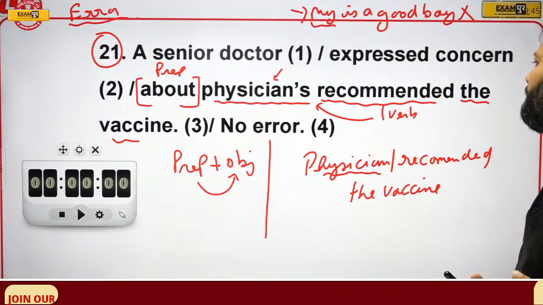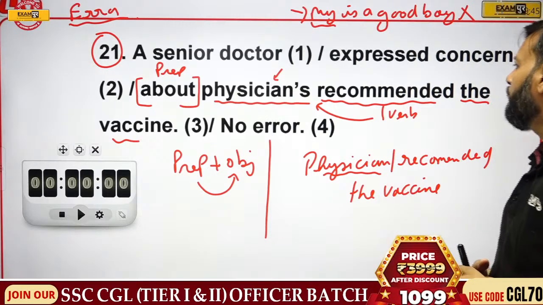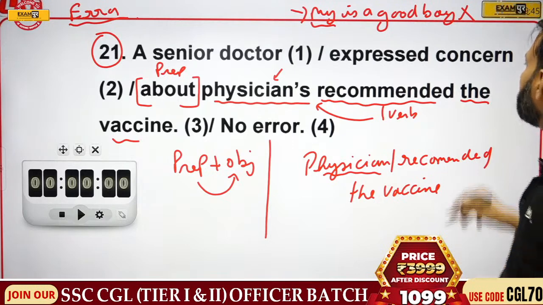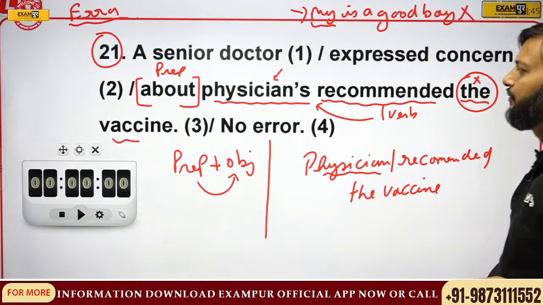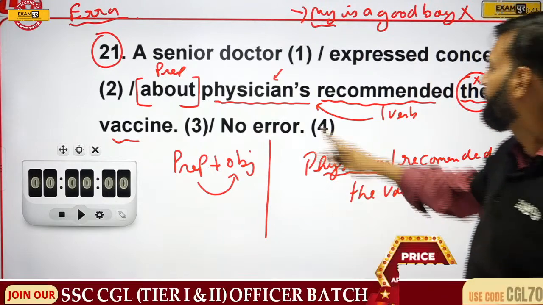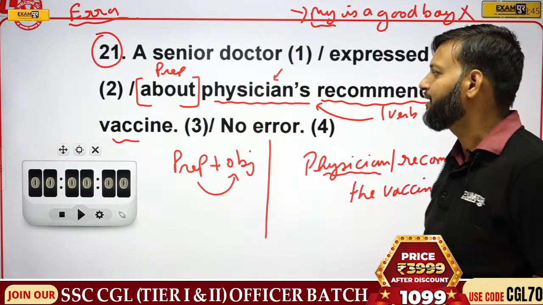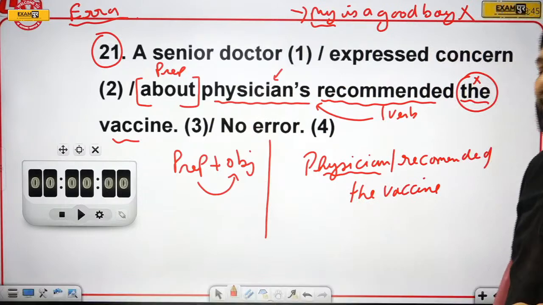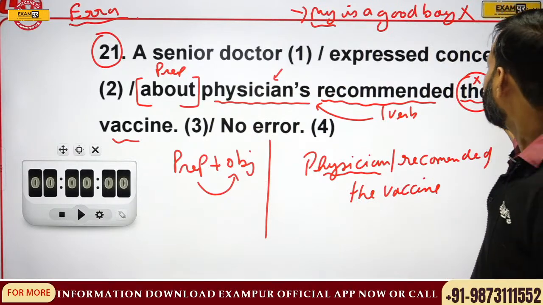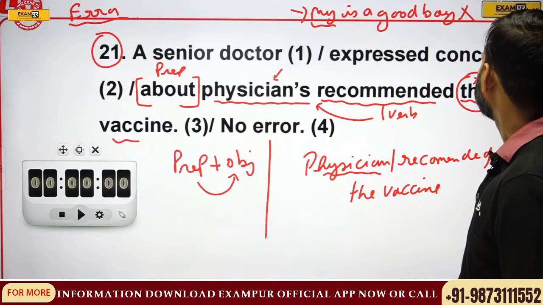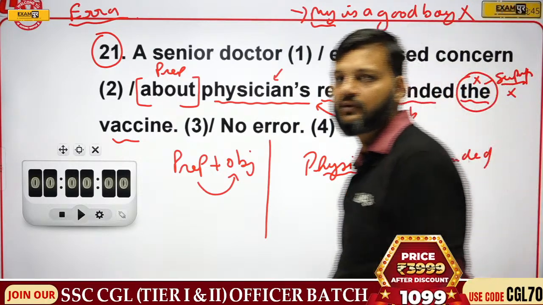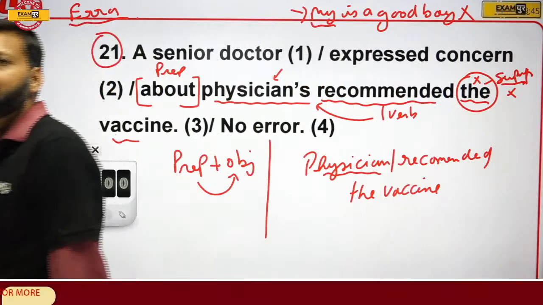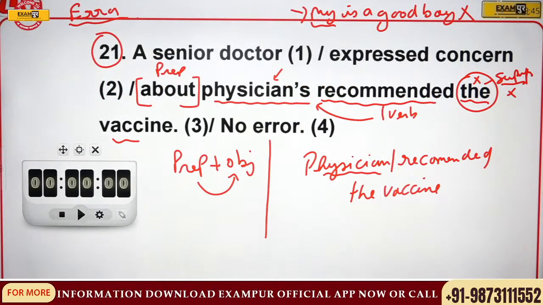Now what should we do? So physicians recommended. If we remove the word the, the definite article, it becomes physicians recommended vaccine. So in this sentence the is superfluous. Right?